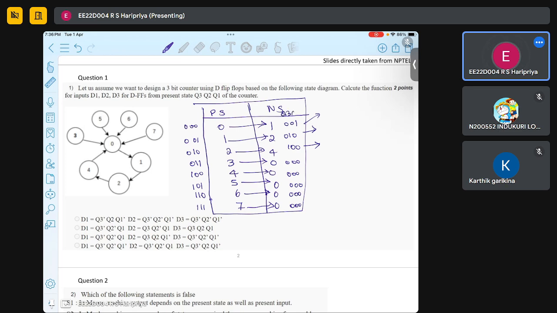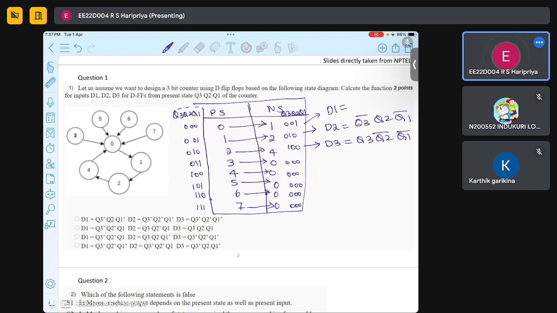This Q3, Q2, Q1, I must be told. So now D3 is equal to Q3, Q2 complement, Q1 complement. D2 is equal to Q3 complement, Q2, Q1 complement.